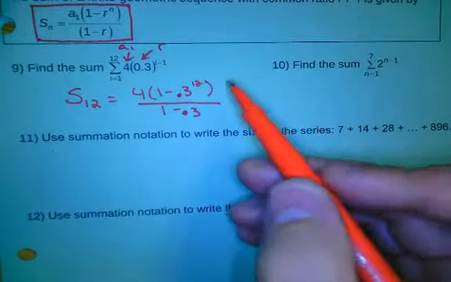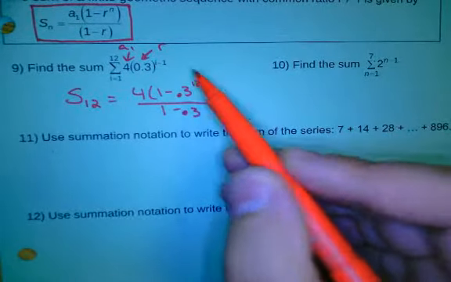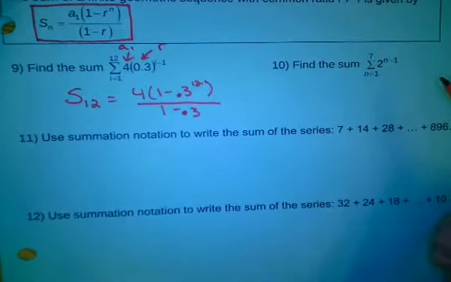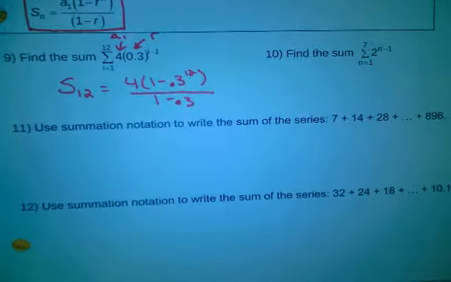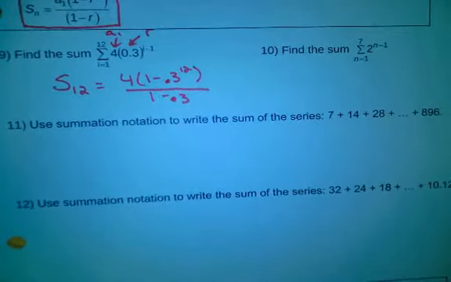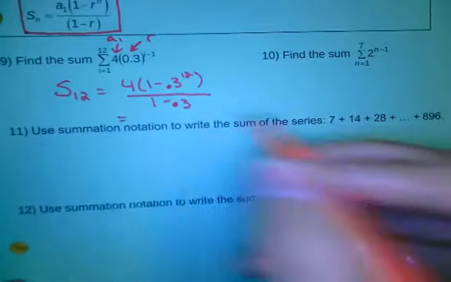Why did I pick 12? Nobody knows why I picked 12? I just picked it? Oh, because I'm going to the 12. What do I get? I have no clue. Couldn't tell you.